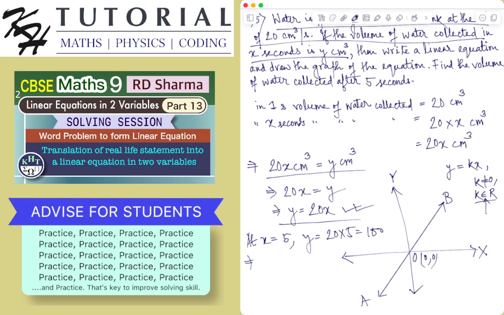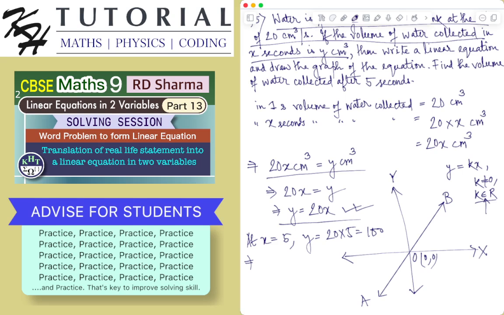Now we are translating this query into a mathematical question, that what will be the value of y when x is 5, because this equation y equals to 20x is representing the information that in x number of seconds the volume of water collected in the tank will be y centimeter cube. So if we know the value of x, we can find the value of y.